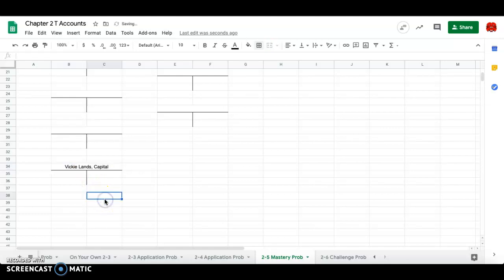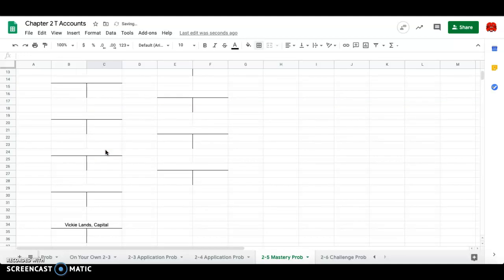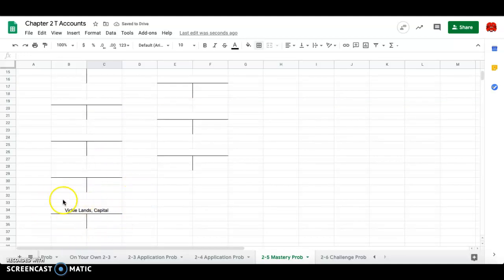All right, so what it's going to look like is that you're going to put a date. So the date is receive cash from the owner as an investment on the 1st. So I know that I'm receiving cash. So you're going to put the date. So I'm going to go 1, and then I'm going to put 2700. All right, and then I'm going to come down here to capital, and I'm increasing capital.